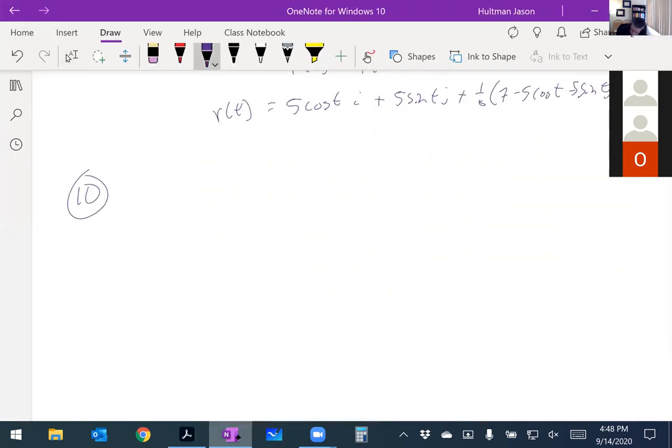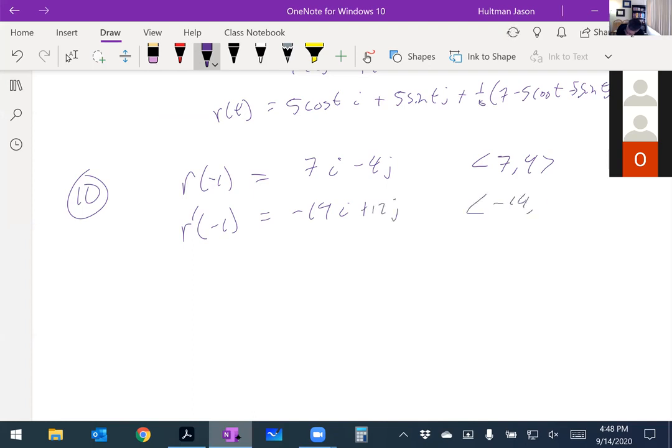Okay, 10. Well, what was R of negative 1? That was 7i minus 4j. Is that right? So 7, 4. And R prime of negative 1, this is going to be negative 14i plus 12j. Is that right?